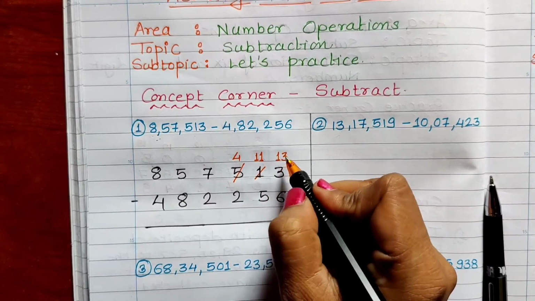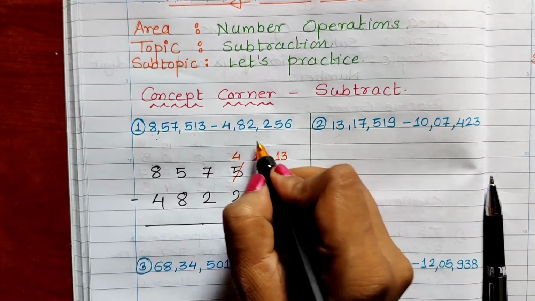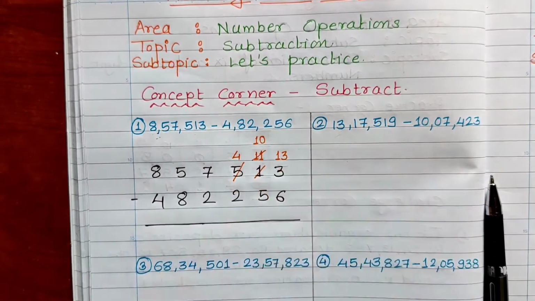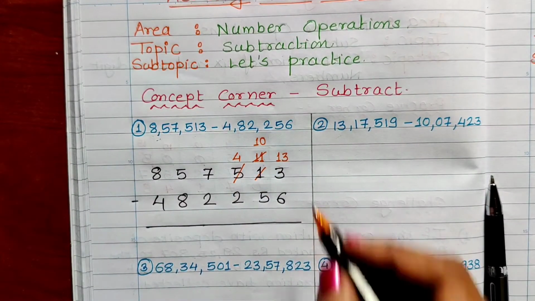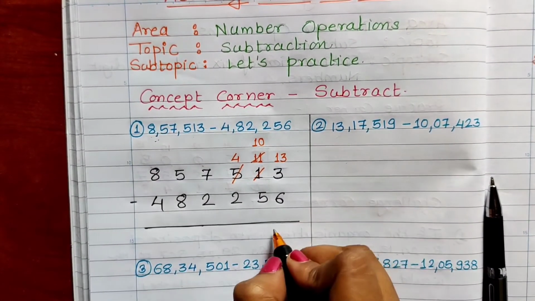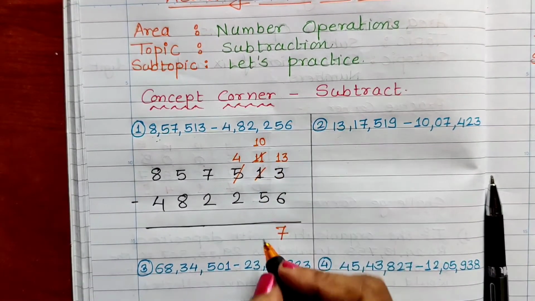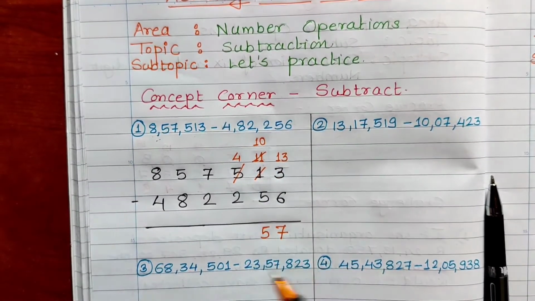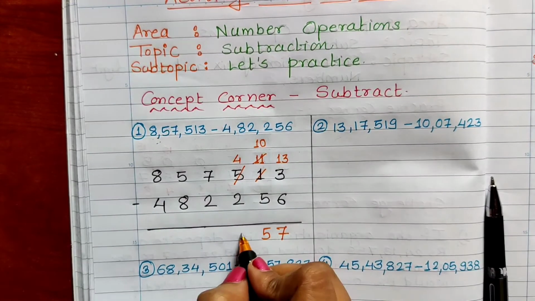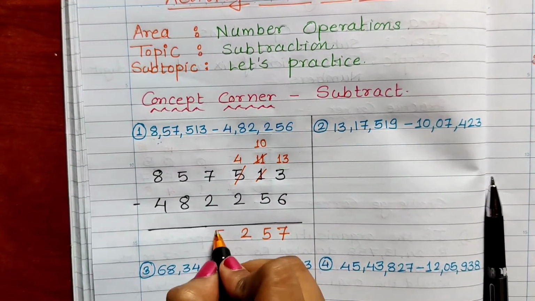For making this 3 as 13 we have to borrow 1 from this 11. So this 11 becomes 10. Now we can do 13 minus 6. 13 minus 6 is 7, we all know. Now 10 minus 5 you can do, it is 5. 4 minus 2 also can be done, 2. 7 minus 2 is 5.